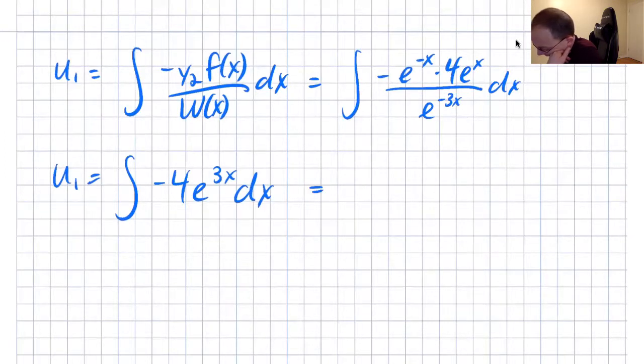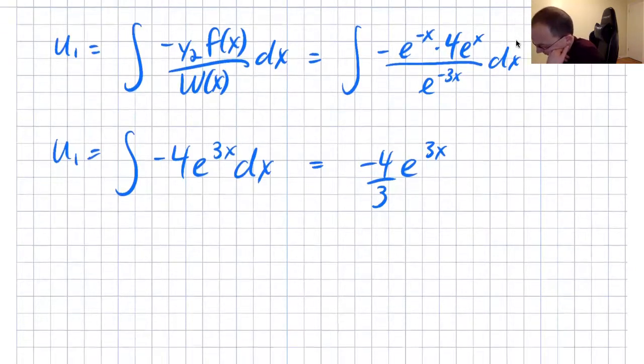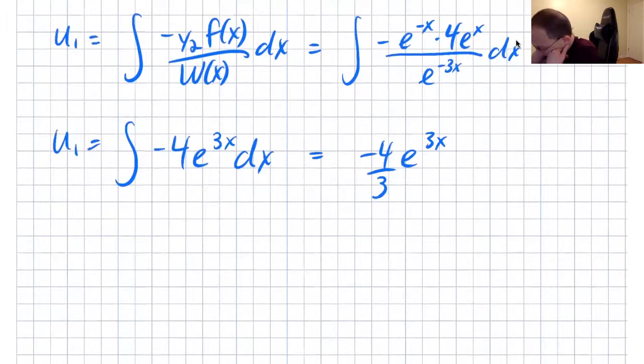So it's going to be like e to the 3x. When I take the derivative, I multiply by 3. So it's going to be like this. Yeah, that should do it. And I don't need the constant. I'm not going to write the plus c, we don't need it here. We just need this antiderivative here. So that will do it. So there's our u1.